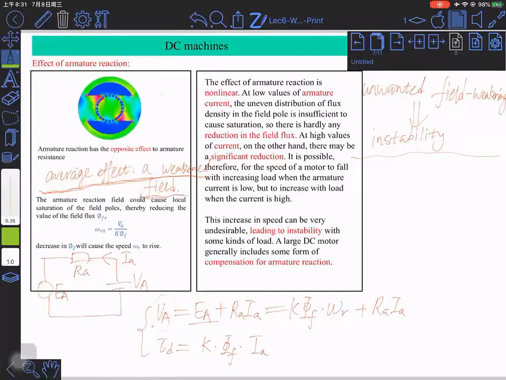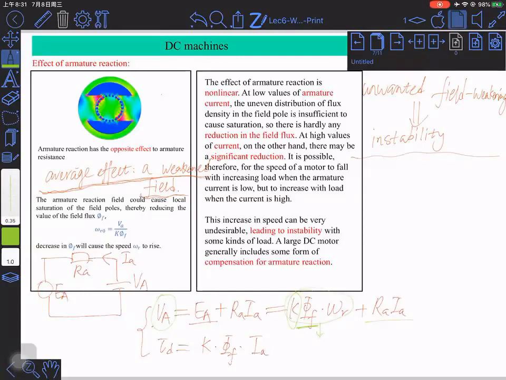Now, from this equation, you can see that with a constant terminal voltage and constant K, assume that currently the current IA doesn't change. If IA doesn't change, we weaken the flux. So the flux is reduced. We will reduce the first term, right?